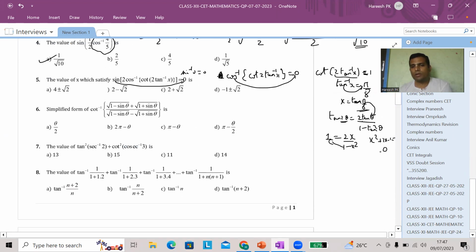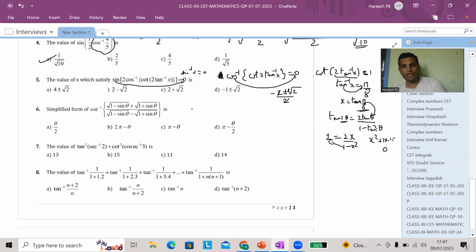And when you solve the quadratic, you'll get the roots, which is minus 2 plus or minus root of b square minus 4ac, which is 2 root 2, whole divided by 2. So you get minus 1 plus or minus root 2. It has to be plus root 2, right? So minus 1 plus root 2 should be the answer if theta is pi by 8. So we mark this.